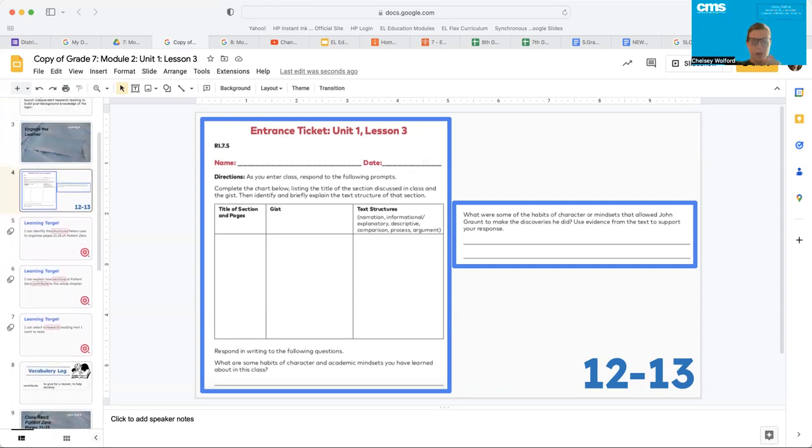So I want you guys to fill this part out for page 23, which is Grant's legacy. I'm not sure exactly how to say that. So I want you guys to fill that out for what we will be reading today. So you're going to put the title of the section and the gist.